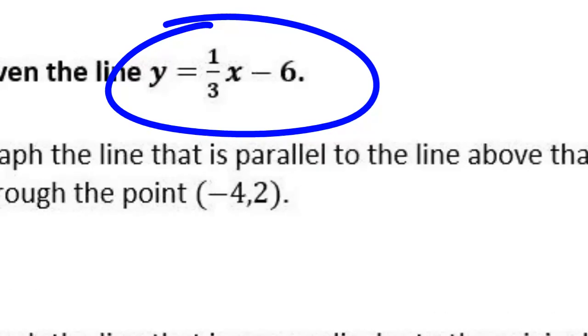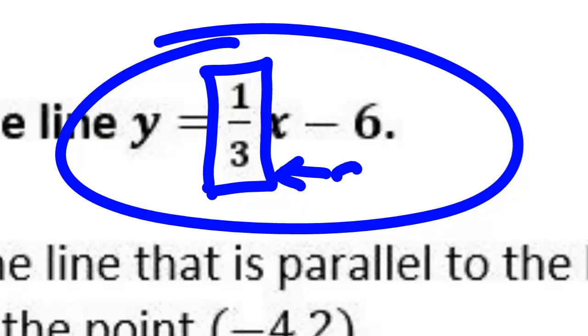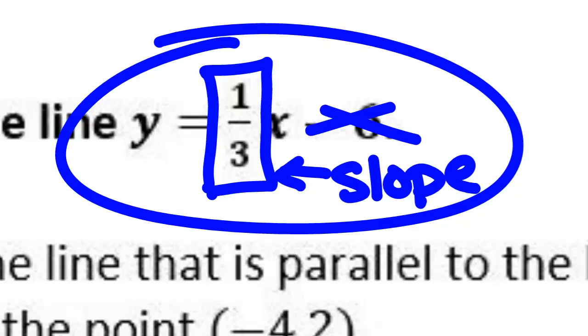The only reason that you are given this line is so you can identify the slope. We don't care what the y-intercept is. It does not matter. The only thing we need from that given line equation is the slope.